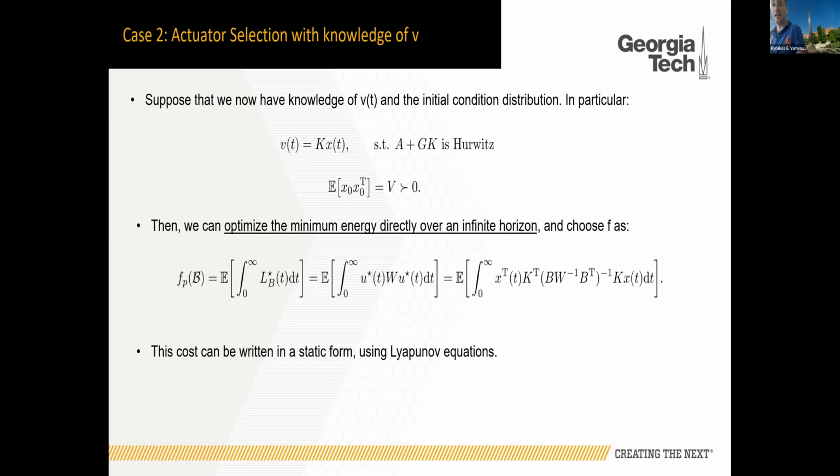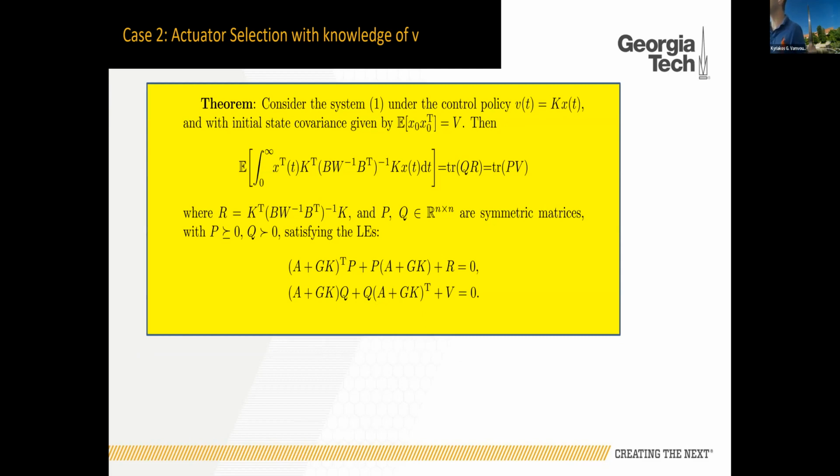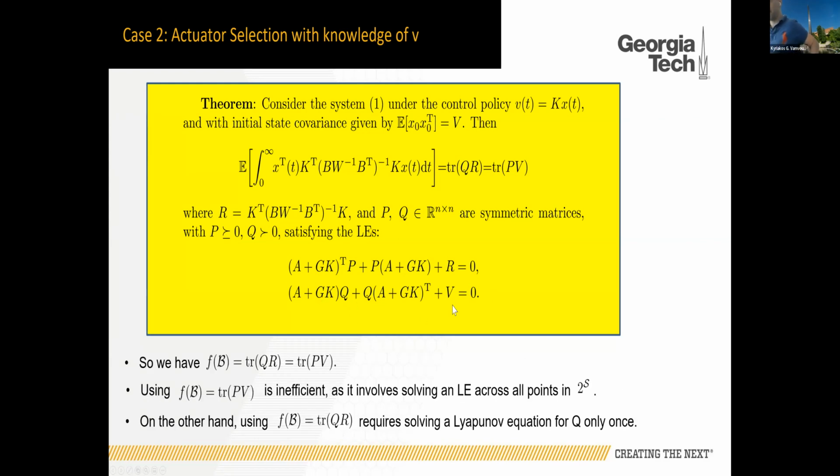And this cost actually can be written in a static form using Lyapunov equations. After some simple derivation, I can find these Lyapunov equations, which I can solve. Now I saw that all these things are equivalent.